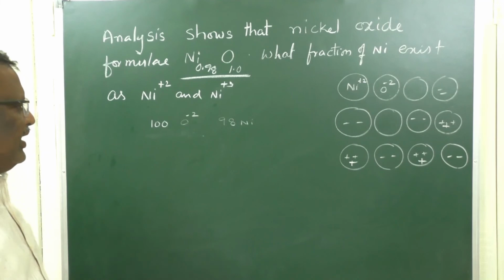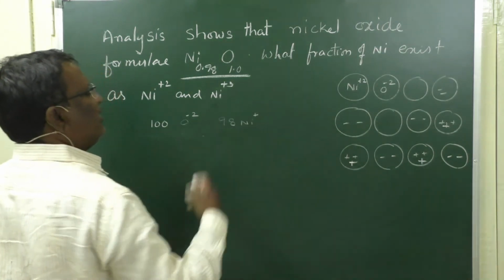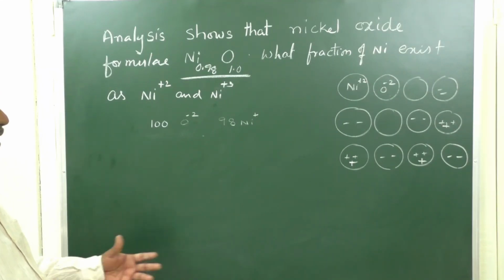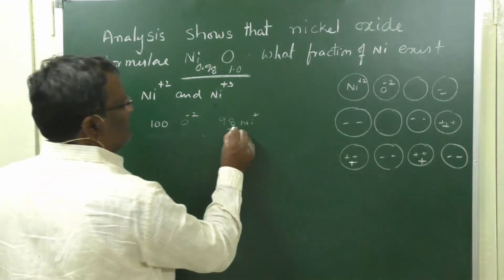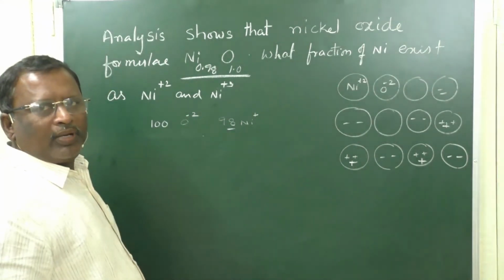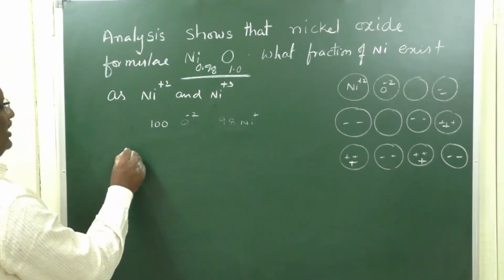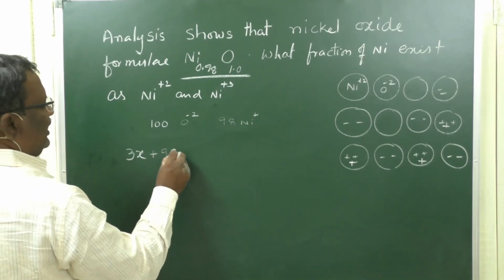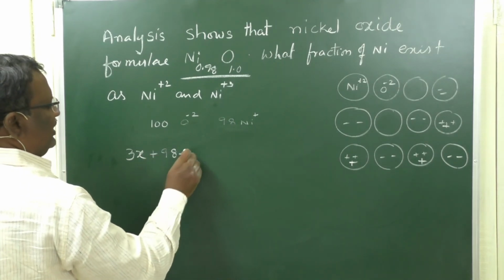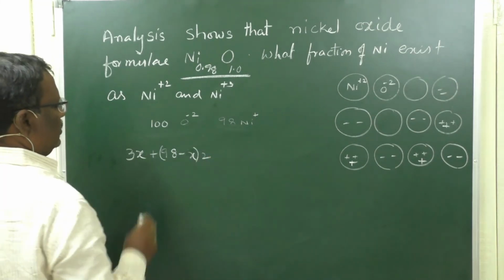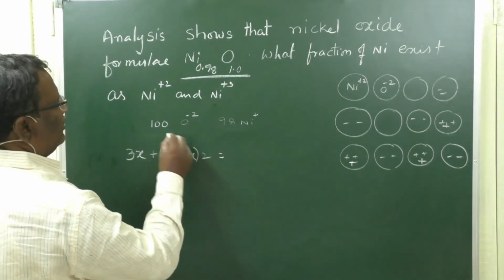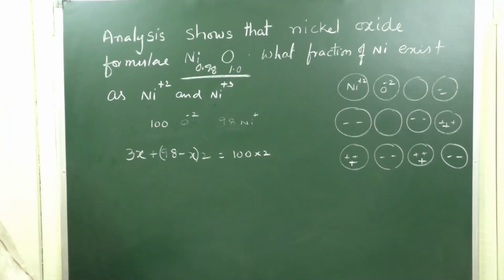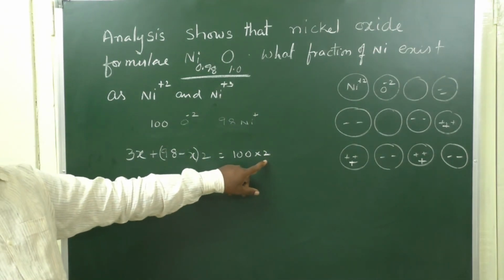So, let x Ni+2 be converted into +3. We do not know how many Ni are converted into +3. If x nickel ions are converted into +3, then the total positive charge will be 3x plus (98 minus x) into 2, and this will be equal to 100 into 2 negative charges, because 100 oxide ions with 2 minus charge are there.